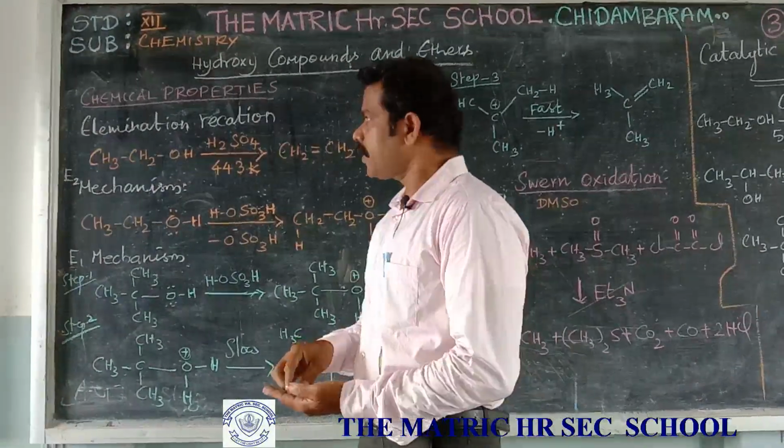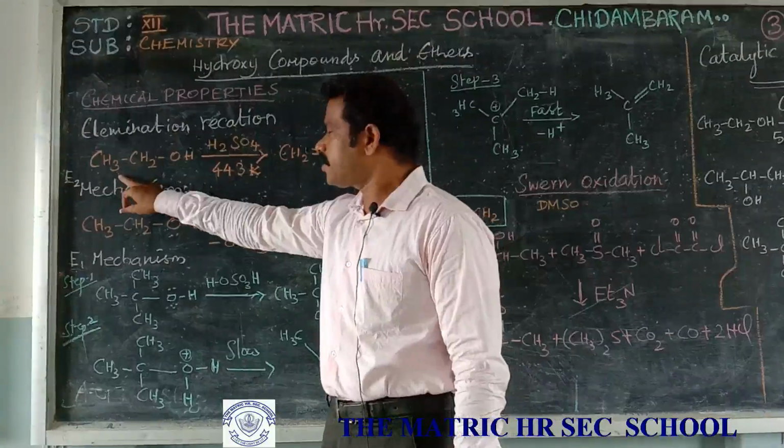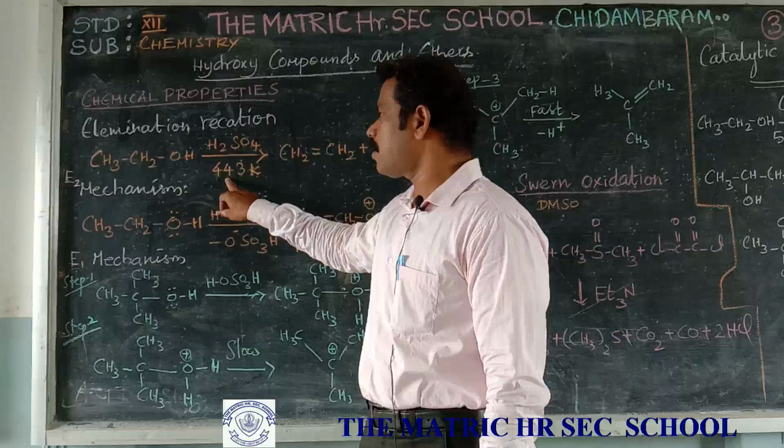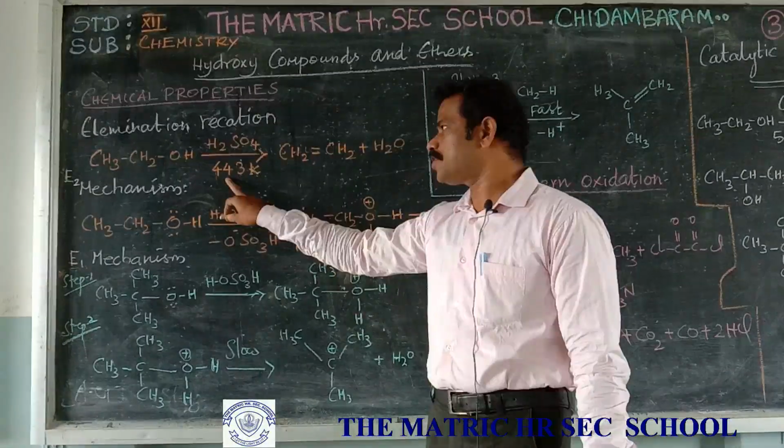Listen here, I will take ethanol, CH3CH2OH, and add sulfuric acid at a temperature of 443 Kelvin.